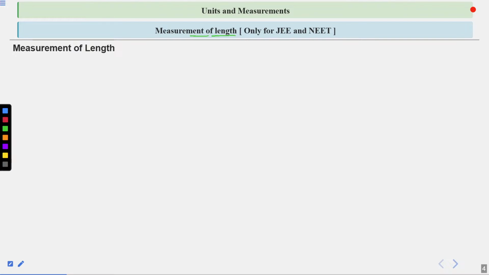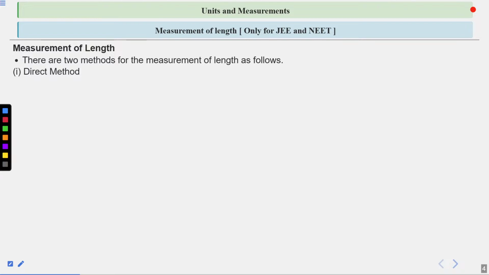Here the question arises, how can we measure the length of any given system? There are two methods for measurement of length as follows. First is the direct method, second is the indirect method.